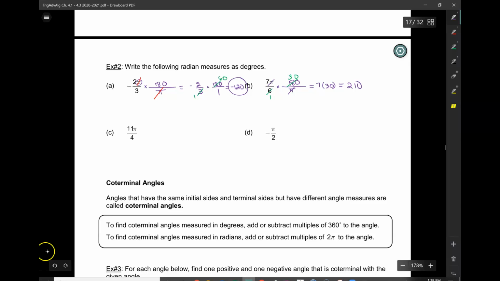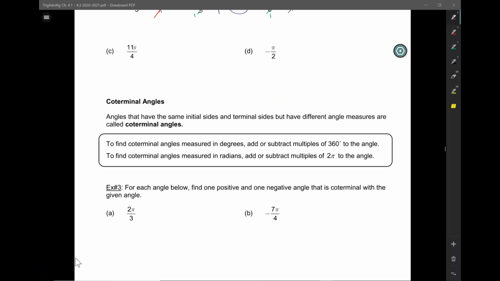All right, let's move on to coterminal angles. Coterminal angles are different angles that end in the same spot. So for example, suppose I have an angle of 20 degrees. That's how that looks. If I'm on the terminal side of that 20-degree angle, I can go around 360 and get right back to where I started.